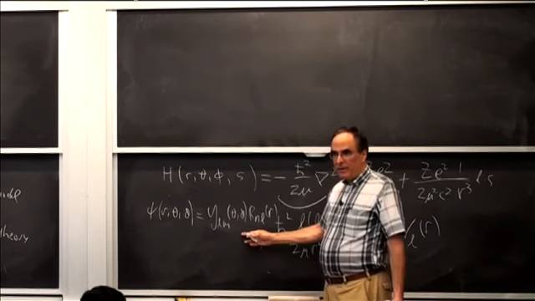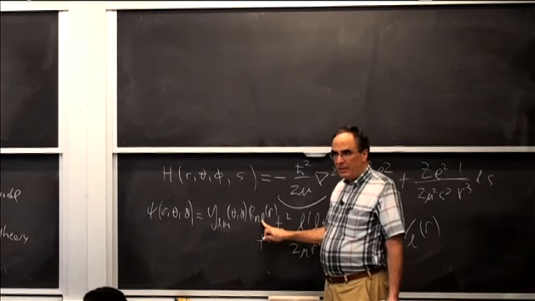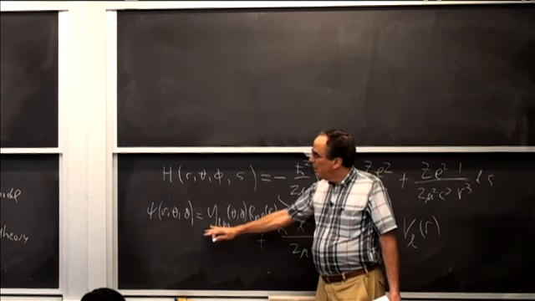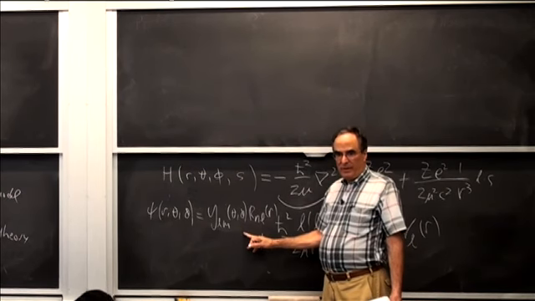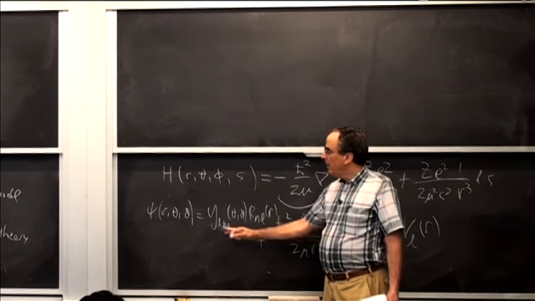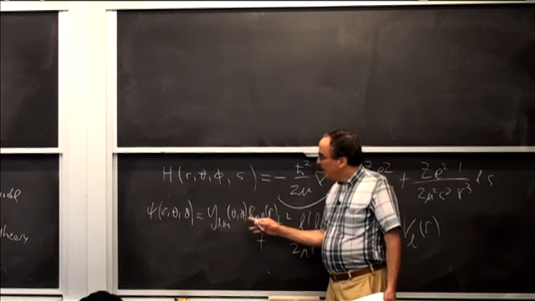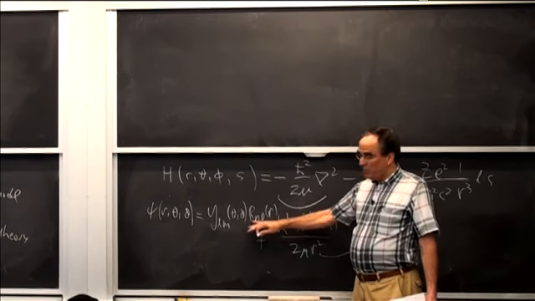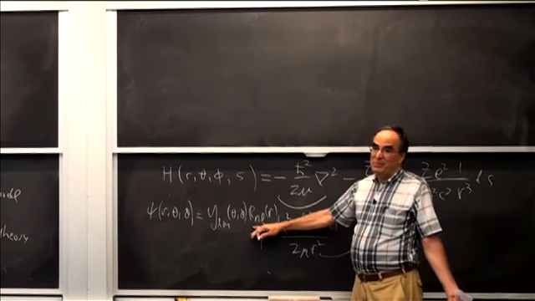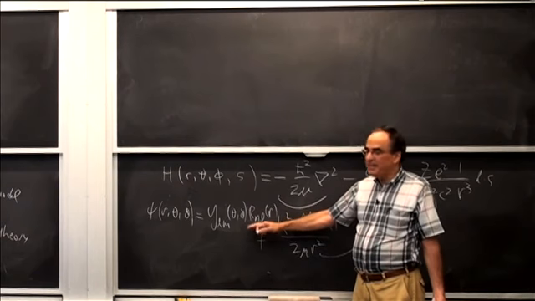An angular factor and a radial factor. Now, for all central problems, you get the same angular factor, and so this is universal. And this radial factor is unique to the particular atom, but not when you have one electron atoms. It's basically the same thing.